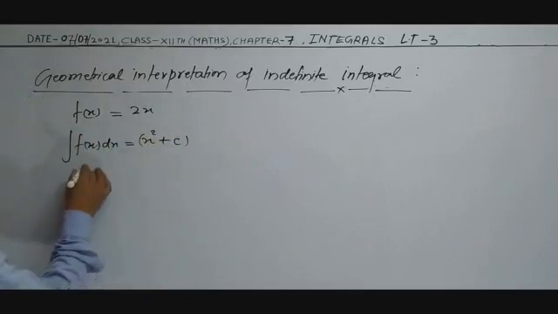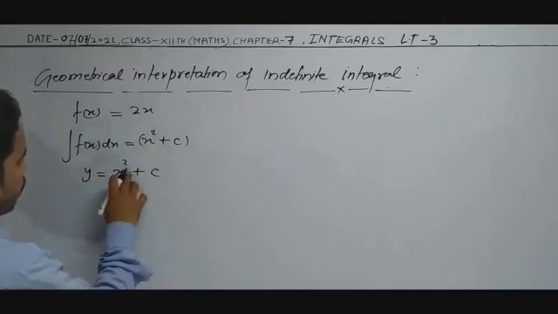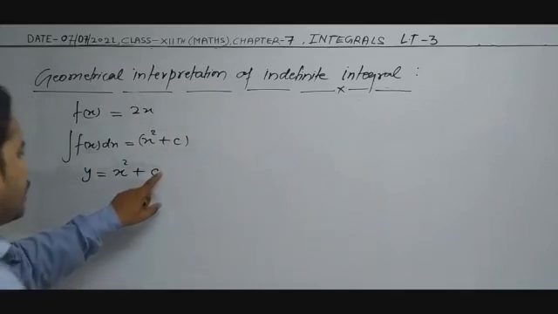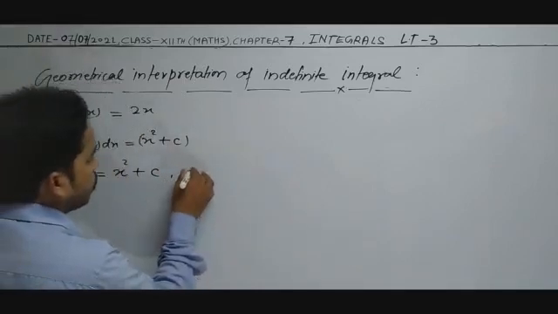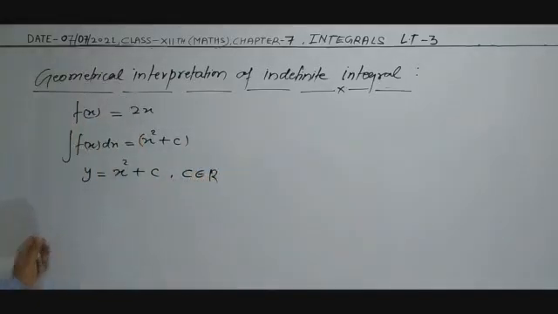So you can suppose y is equal to x square plus c. Suppose we are going to take their values. You know, c is a constant and c belongs to the real numbers. Now you can take any value.